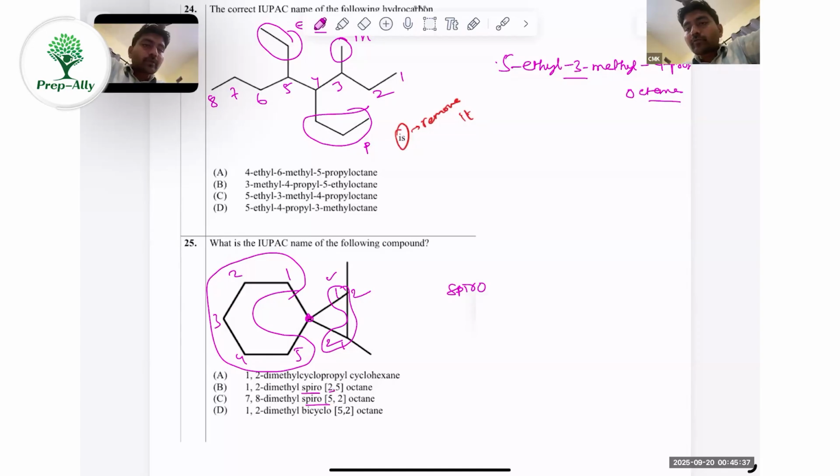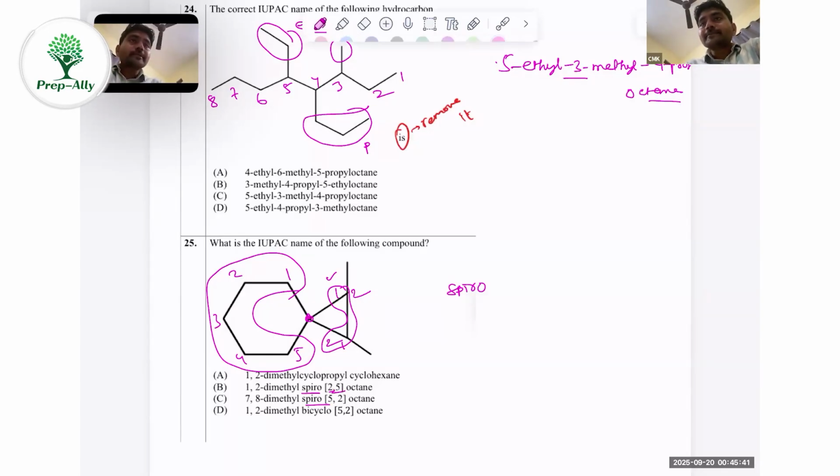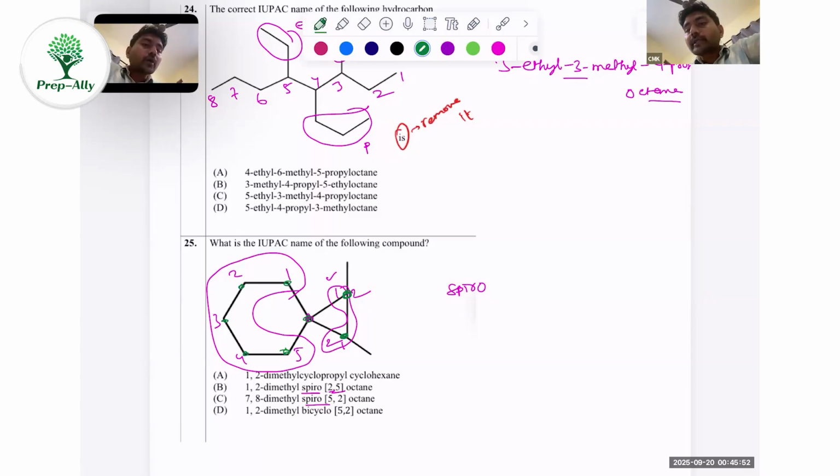So 2,5-octane. Total carbons in the rings, if you count it here, 1, 2, 3, 4, 5, 6, 7, 8, octane. So your answer should be 1,2-dimethyl spiro[2.5]octane.